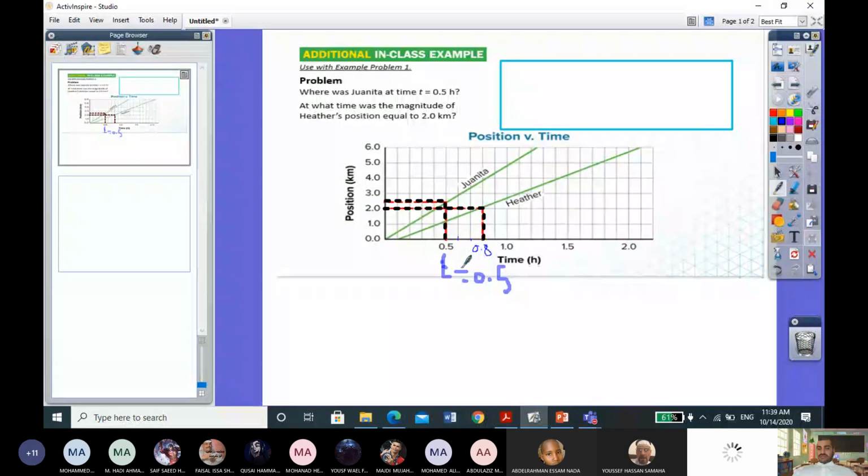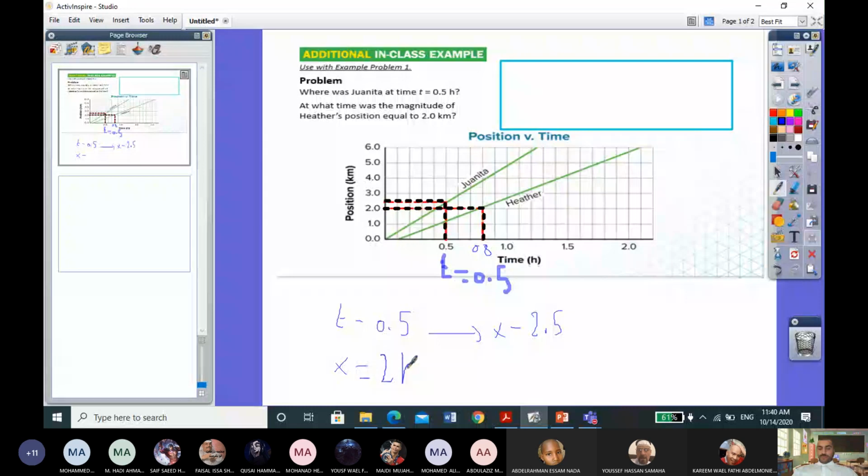Now, you get it? As a conclusion, at t equals 0.5, the position x is 2.5. This is the answer, guys. And at x equal to 2 kilometers, t will be equal to what?